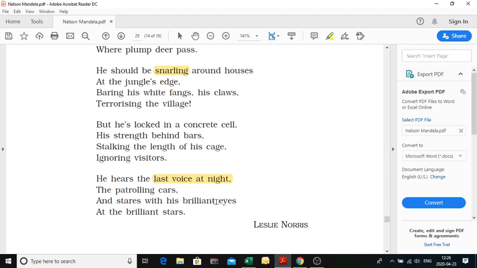Last question. रात को क्यों घूमती हैं गाड़ियां? वो पेट्रोलिंग क्यों करती हैं? तो बता दिया आपने कि उसको सुनाई देती है पेट्रोलिंग कार्स की आवाज, बट क्यों घूमती हैं वो पेट्रोलिंग कार्स? जल्दी से आंसर करो.